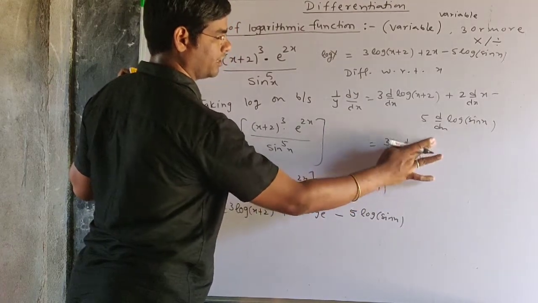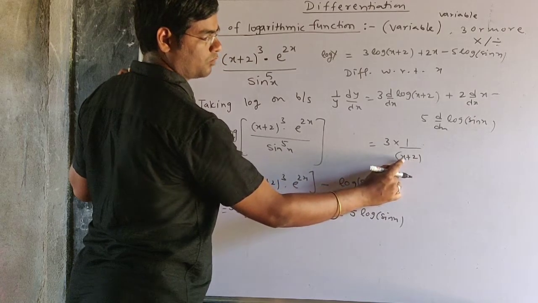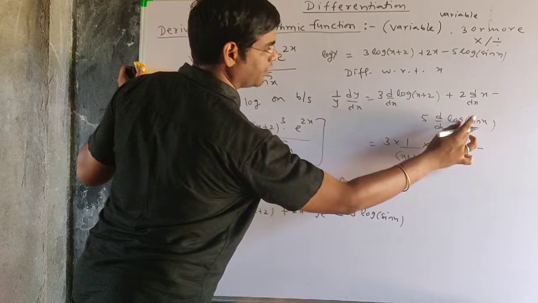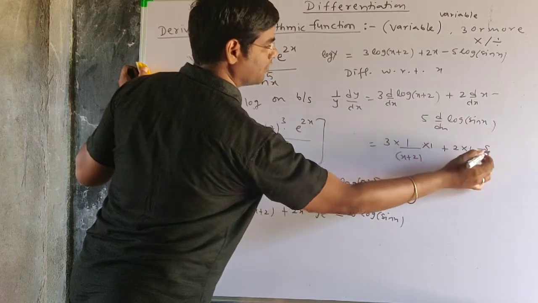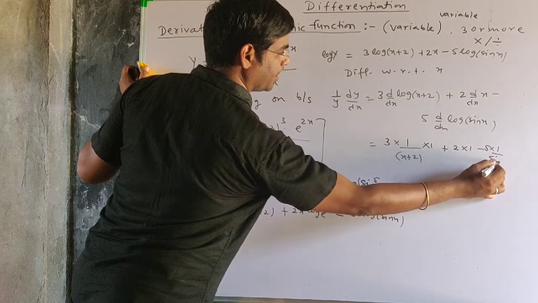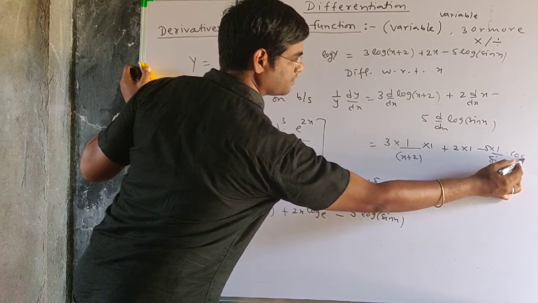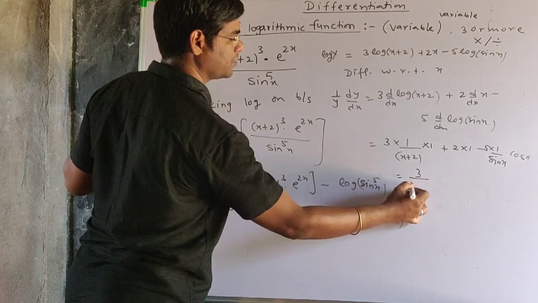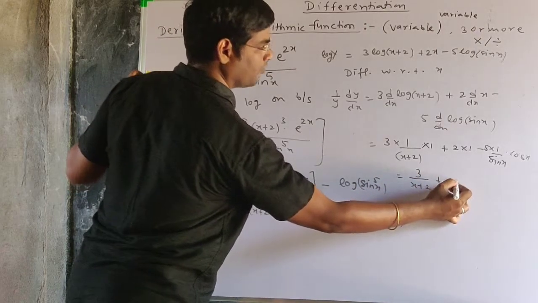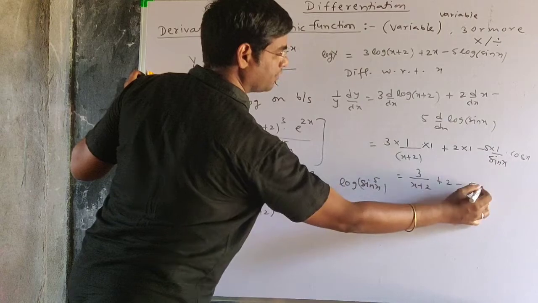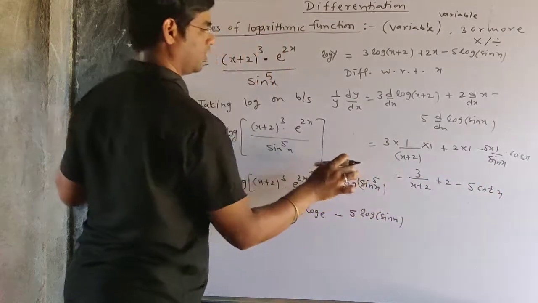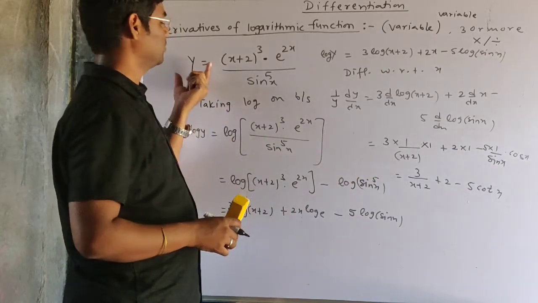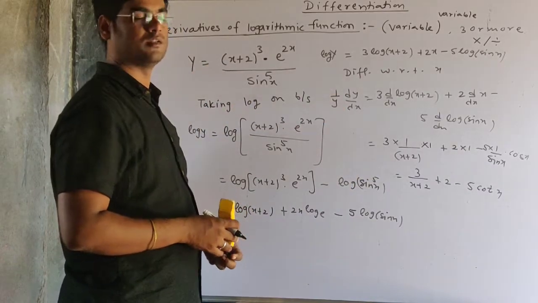Derivative of x plus 2 is 1 plus 0, that is 1 only. Derivative of x is 1. Derivative of log sin x is 1 upon sin x, and the derivative of sin x is cos x. So the answer is 3 upon x plus 2, plus 2, minus 5 cos upon sin, which becomes cot x. And this is 1 upon y dy by dx. Take y to the right hand side and substitute the value of y. This will be our final answer.